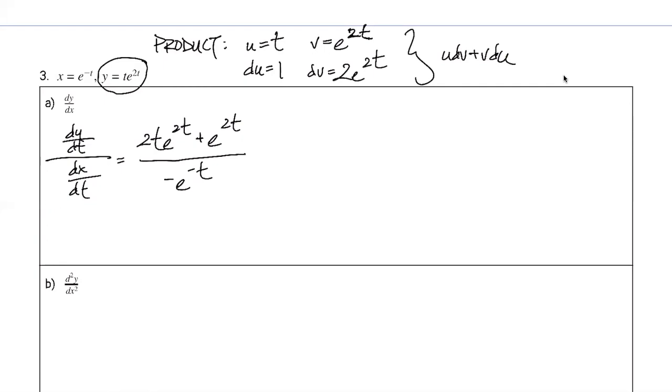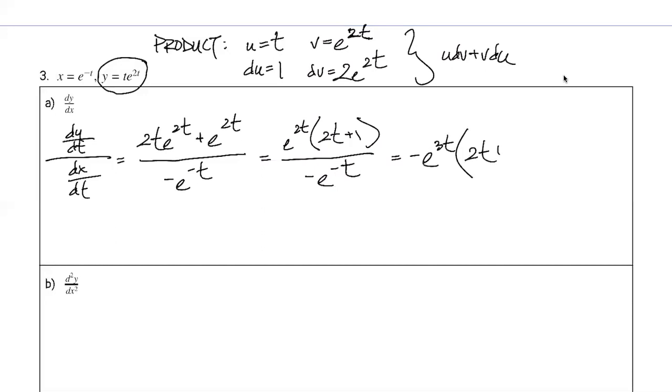But if you plan to find a second derivative, which we do, let's simplify. I can factor out an e to the 2t. That'll leave me with 2t plus 1 divided by negative e to the negative t. I can bump that e to the negative t up to the numerator, and I get negative e to the 3t, 2t plus 1. Okay, so I found my first derivative, and I've simplified it because I know I want to find a second derivative.